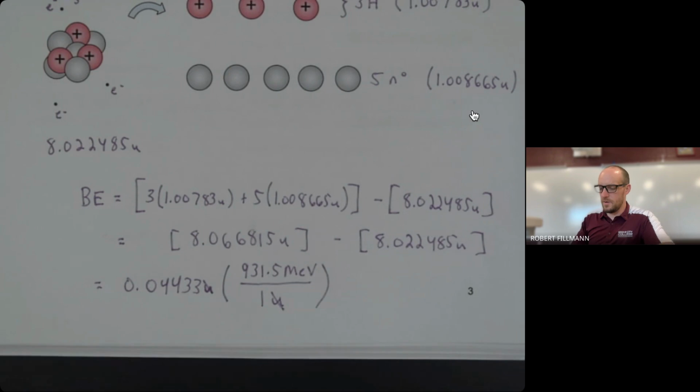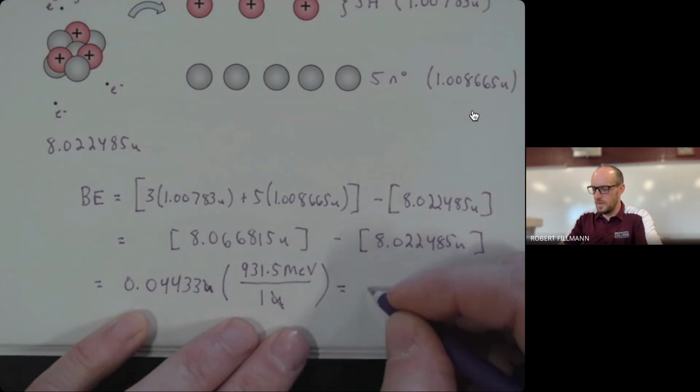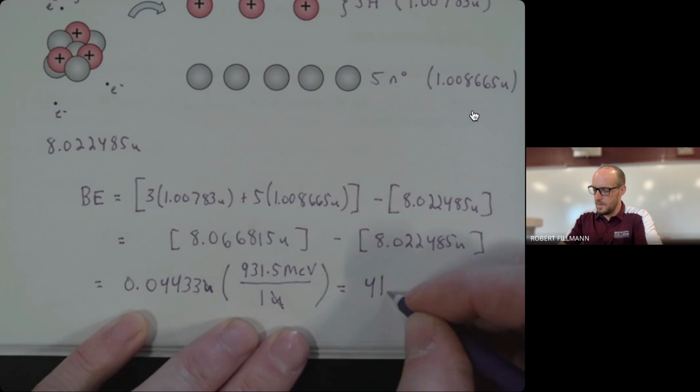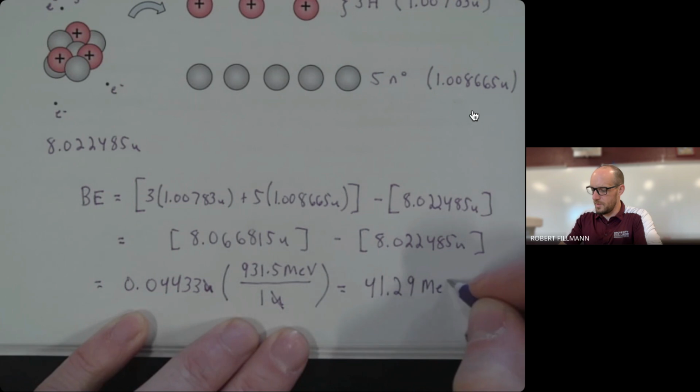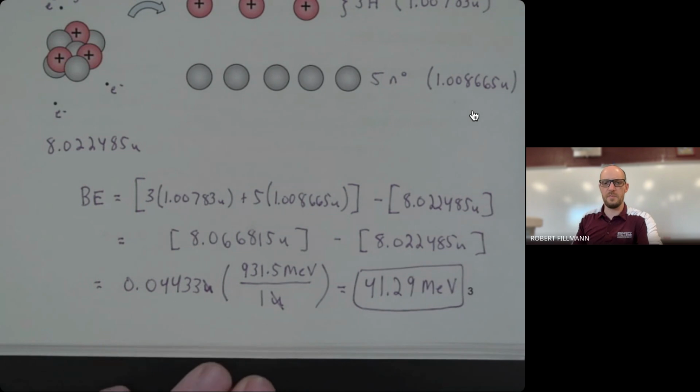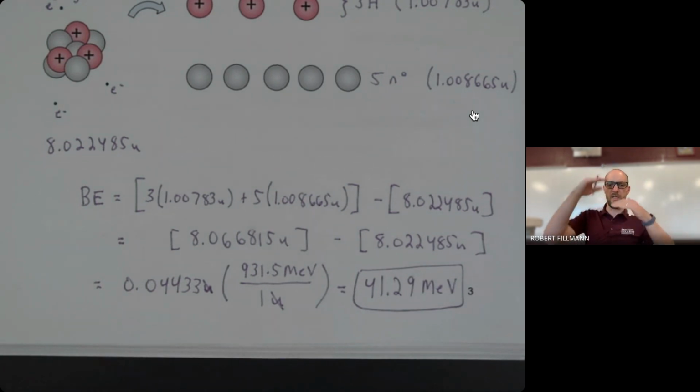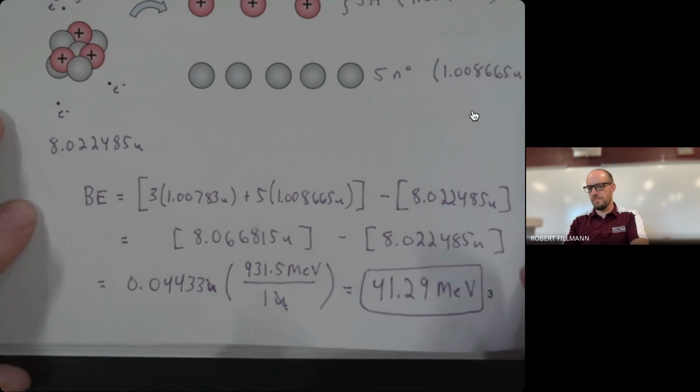So the amount of energy, the amount of work that had to be done to pull this thing apart is 41.29 mega electron volts, which if we consider the atomic orbital levels we studied in the last unit was the electrons transition. We were talking about electron volts. Now we're dealing with millions of electron volts instead of just electron volts. So very large amount of work done to pull this thing apart.